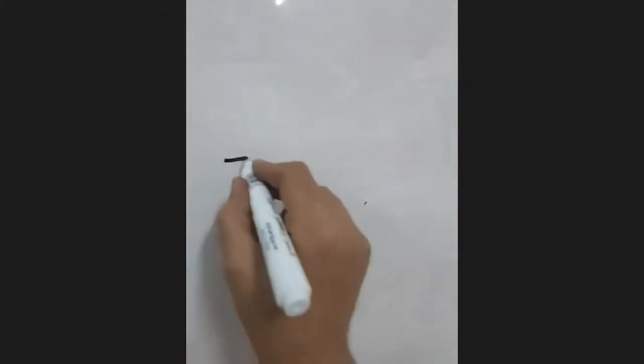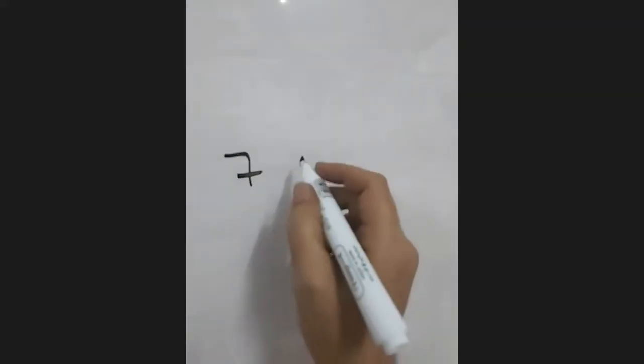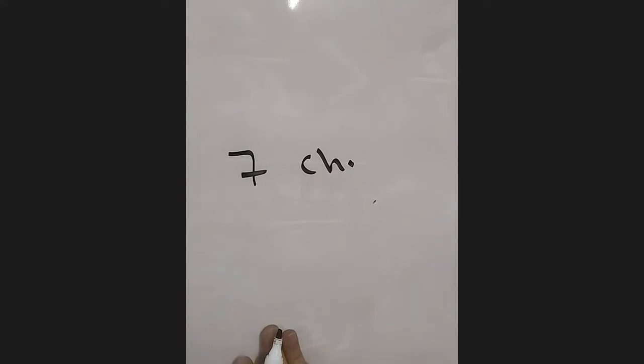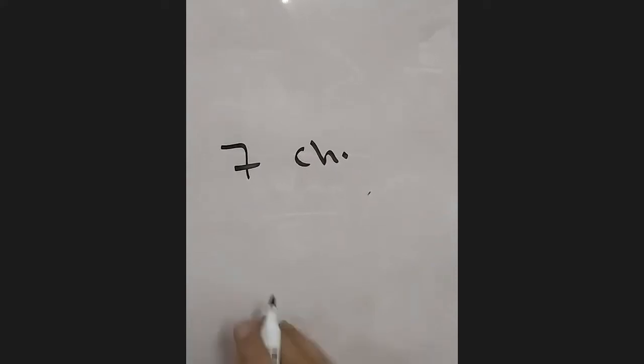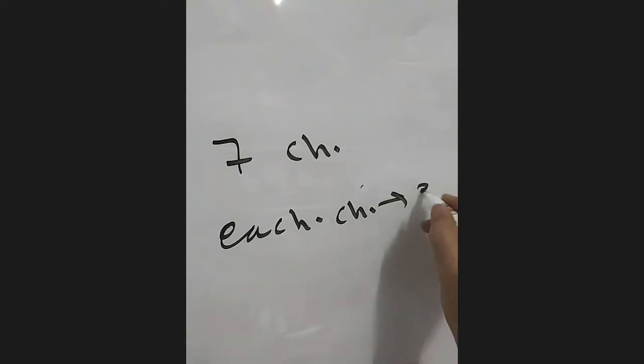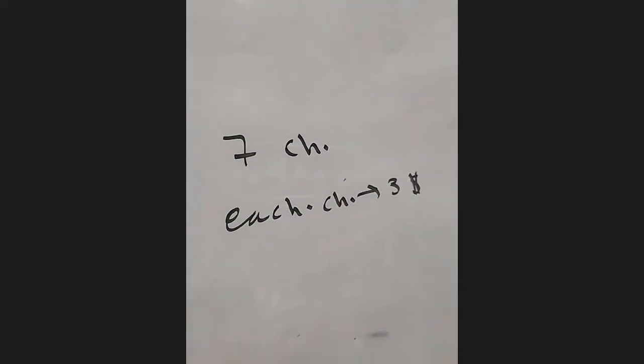Look here at the board. I will tell you a situation and you will tell me if it's multiply or divide. If you want to buy seven chocolates, each chocolate's price is $3, for example.